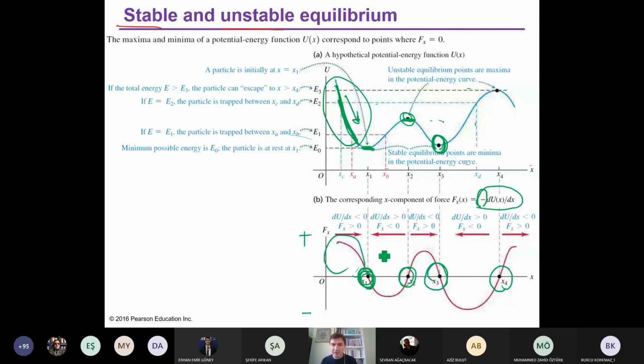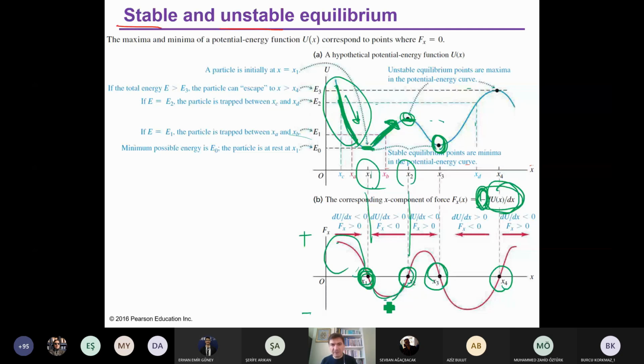So what about the force between x1 and x2? Look at the slope here. Energy increases in this part, and the derivative of this potential energy is positive, but here we have a negative sign. Then we will have negative force, okay?